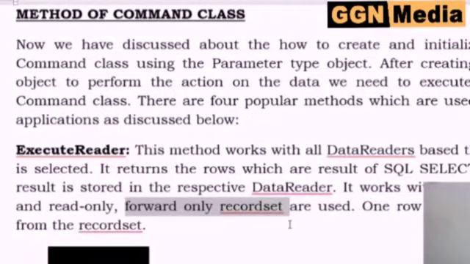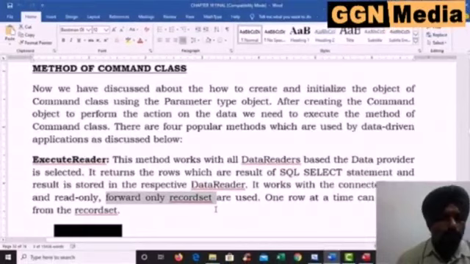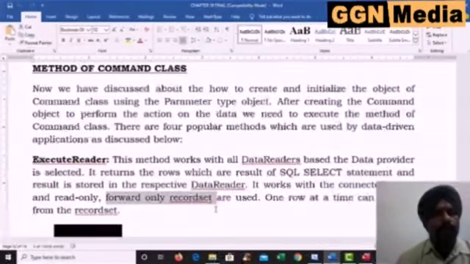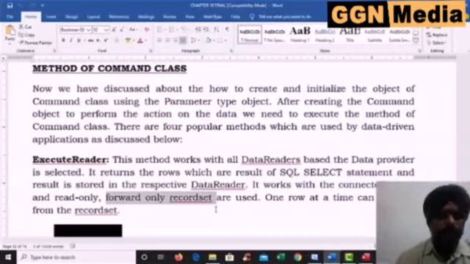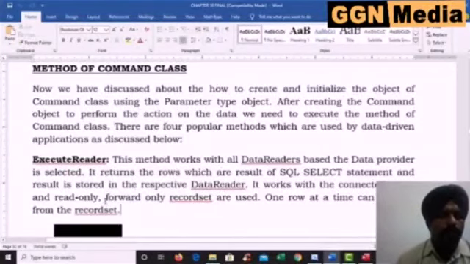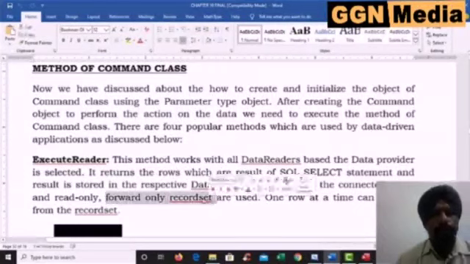Forward only record set means you can read the data in a forward manner. If you read the first row, then you will get the second row, third row, and so on, but you can't go in reverse. If you are in the second row, you can go to the third row, but you can't go back to the first row. This is the working of a forward only record set.